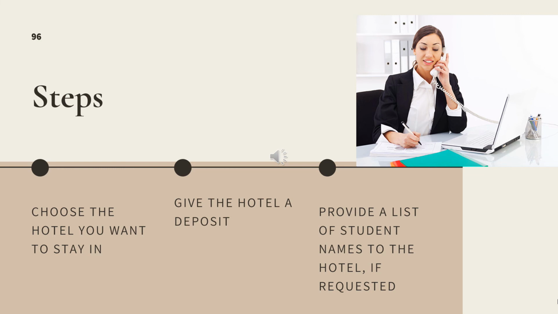Give the hotel a deposit. Each hotel has different policies about how much of a deposit is required on group reservations. Some ask for a down payment, others ask for full payment right away. Mostly, hotels also ask for incidentals. What are incidentals?